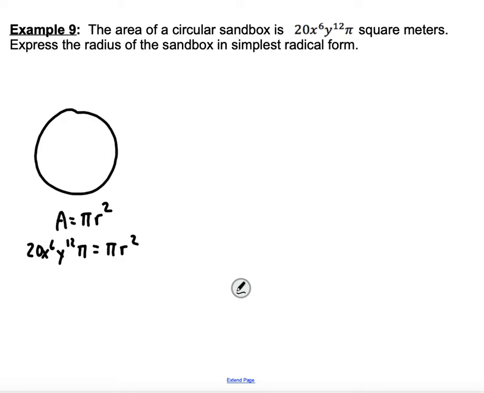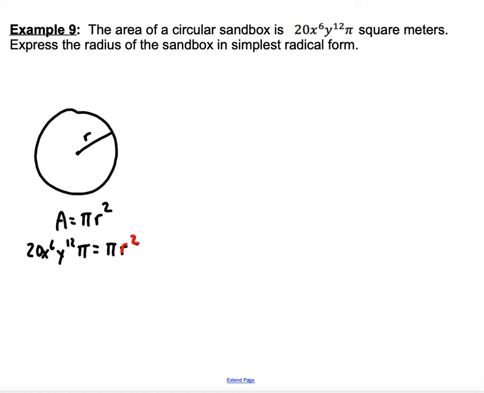So they're asking us here to find the radius, which is halfway across that circle. So it's from the center of the circle to a point on the circle. So that would be the radius there. So we're supposed to solve this nice equation we have here for r. So what you want to do here is get this r squared on the right hand side by itself.